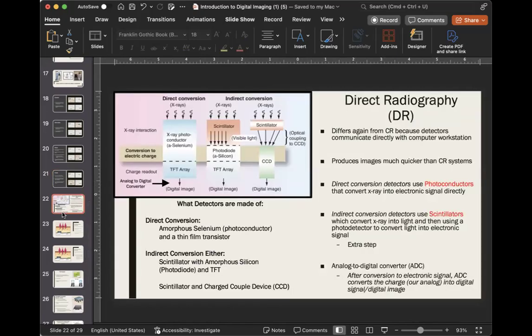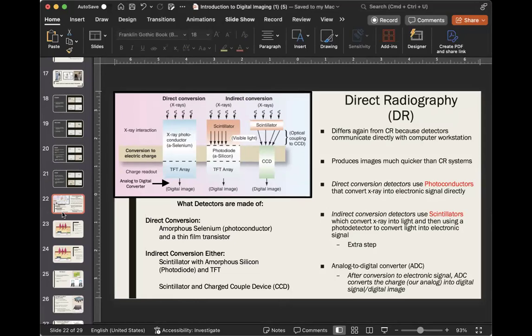Now, direct radiography differs from CR because it communicates directly with the workstation, meaning once you capture the image, it will go directly to a monitor. Okay, this produces images much quicker than CR systems. Direct conversion detectors use photoconductors that convert X-rays into an electronic signal directly.